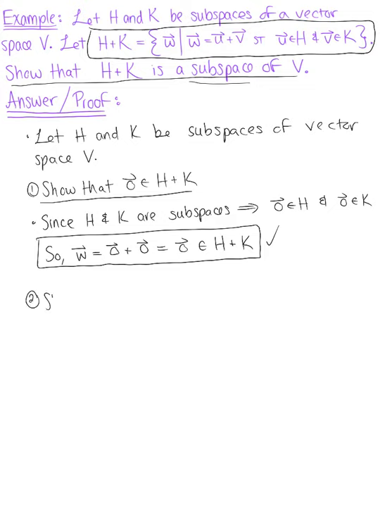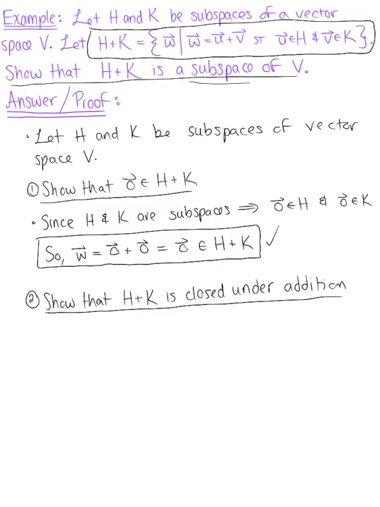We now want to go ahead and show that the sum of subspace H plus subspace K is closed under addition. And so as we proceed here, let's keep in mind what we need to show.